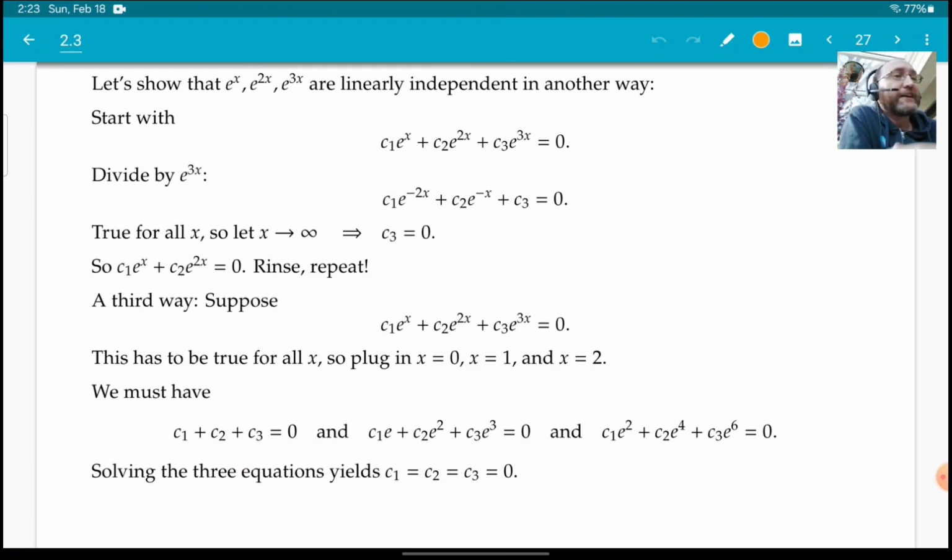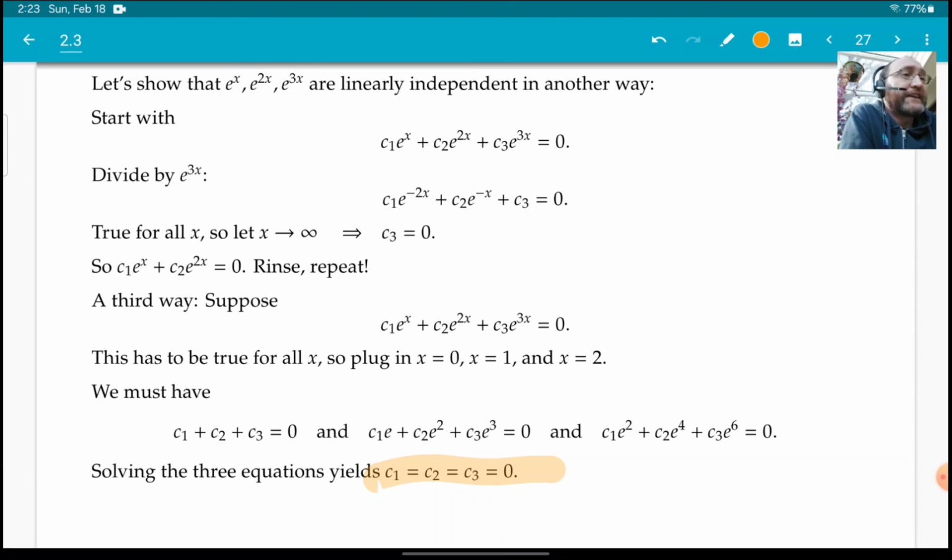So let's skip the exact details, but you're going to find out that C1 is equal to C2 is equal to C3, which is 0. So the functions are linearly independent, which we already knew, but this is just 3 different ways of seeing it. And again, this last way should work basically for any functions.